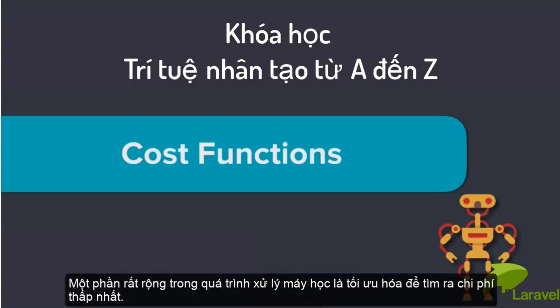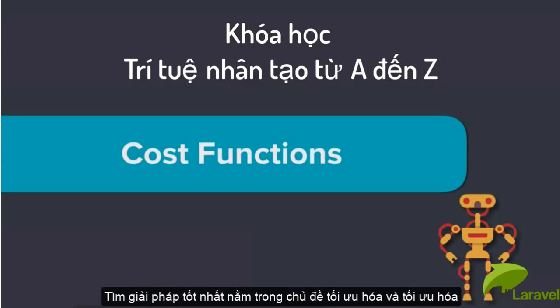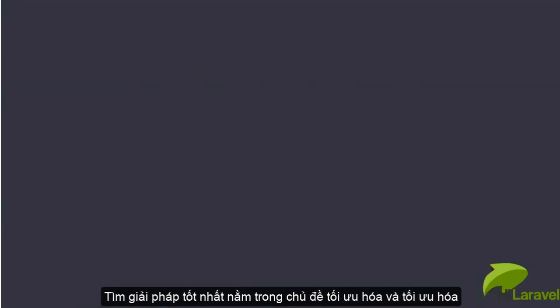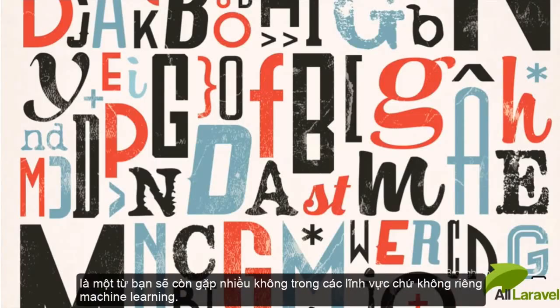And a very big part of the machine learning process is optimizing for a solution that has the lowest cost. So finding the best solution falls under this broad topic of optimization. And optimization is actually a word that you'll come across in many fields, not just machine learning.